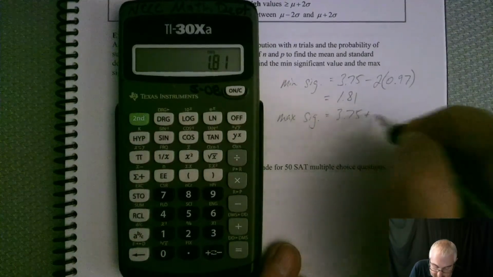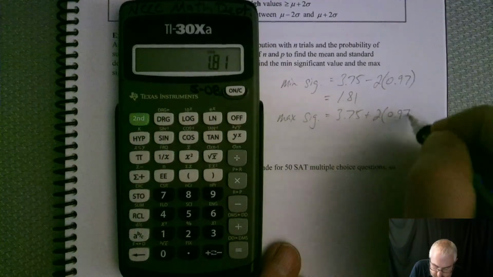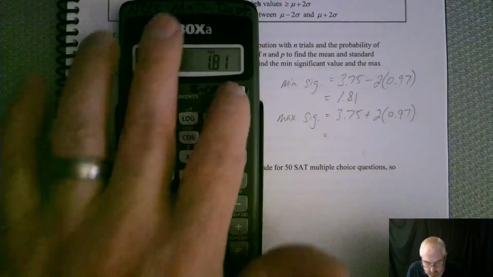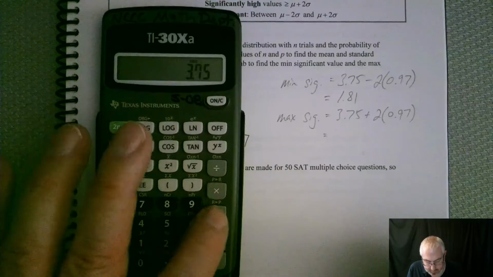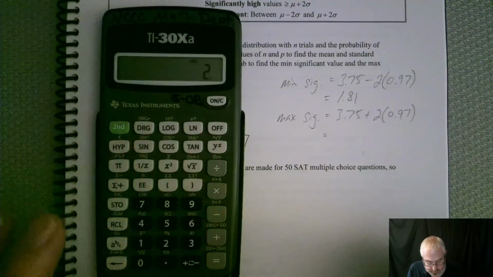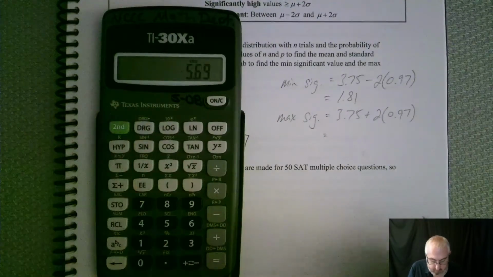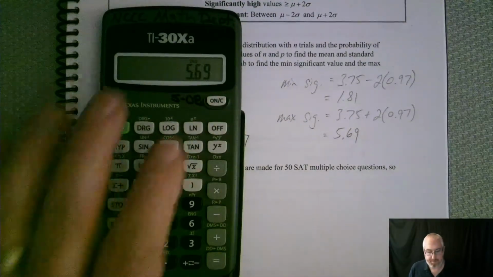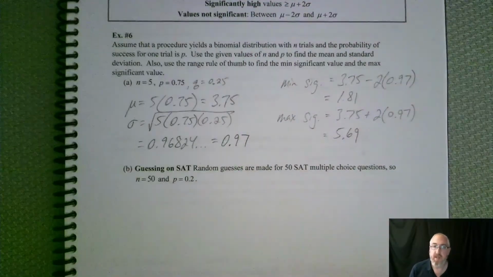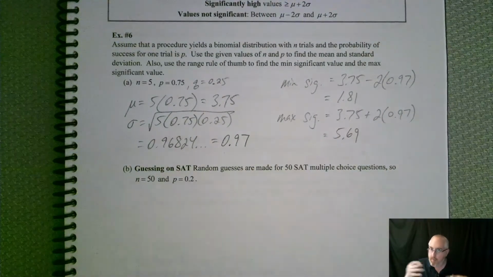So now we need to add 2 standard deviations. So 3.75 plus 2 times 0.97 equals 5.69. Done. Easy peasy.